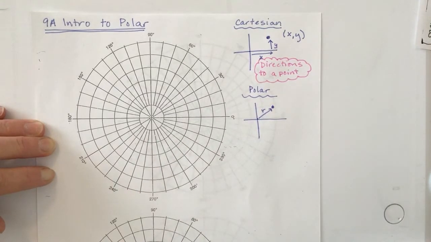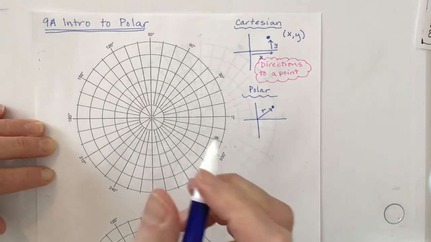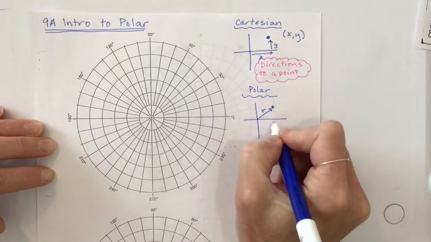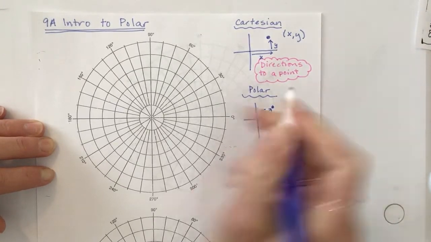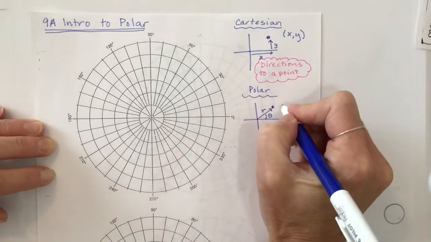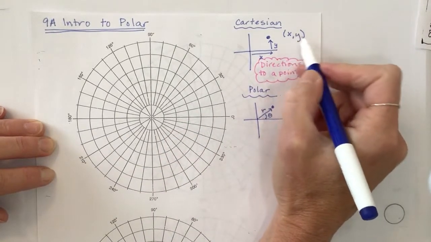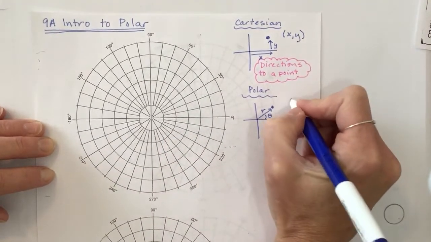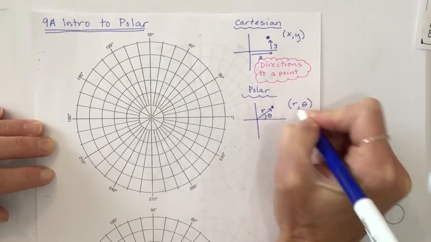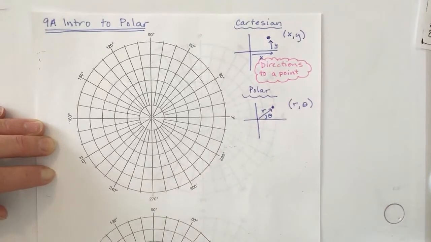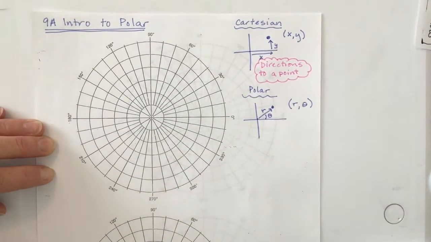I think it's for radius, I'm assuming. And then we're also going to give the angle, r and theta. And we write it the same way we wrote our Cartesian coordinates. We write r first and then our theta second, and we write it in parentheses with a comma in between them. That's it. That's polar coordinates.